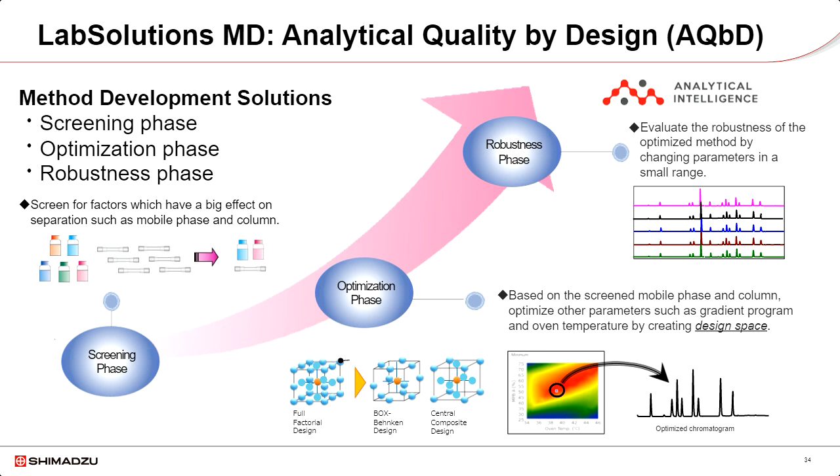All that data then can be put into the optimization phase using an optimization design box. You can then optimize your run based on, say, a mobile phase or a column, or you can do gradient program temperatures and so forth. And then the final phase, you want a robustness phase. You want to make sure that this is repeatable on many different levels so that it can be validated and qualified.